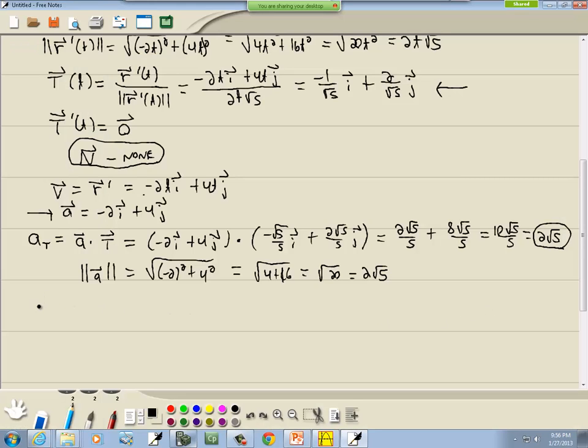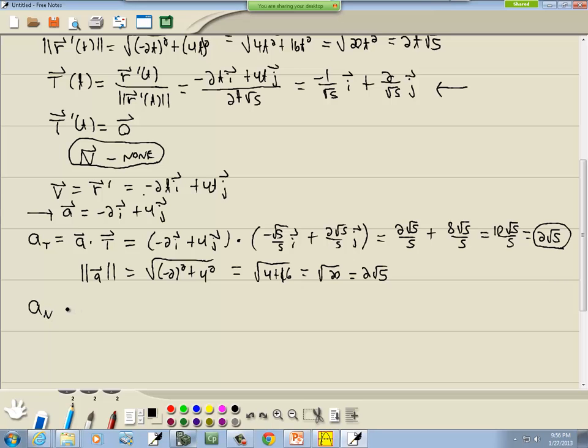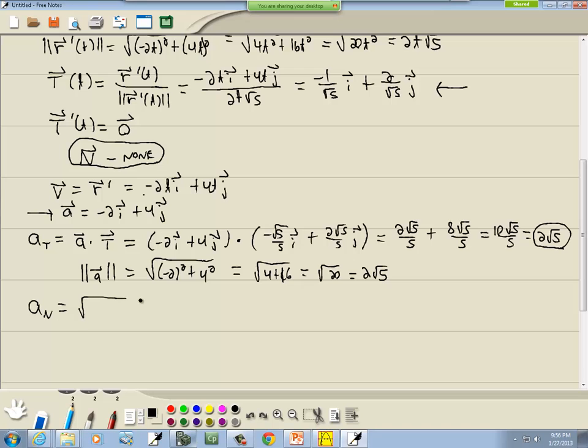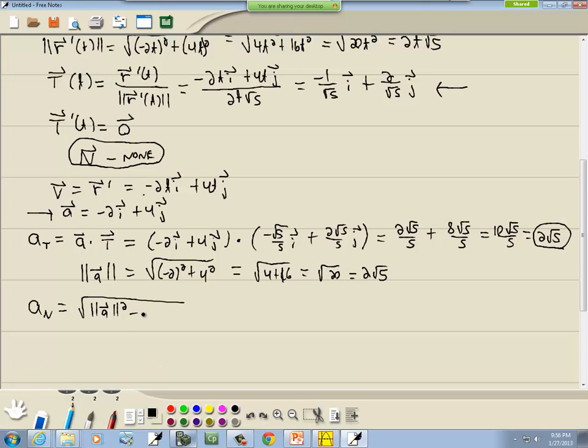So now we're ready to find the acceleration for the normal. Okay, so that's going to equal the square root of the magnitude of a at that value squared minus what we just found up here squared.